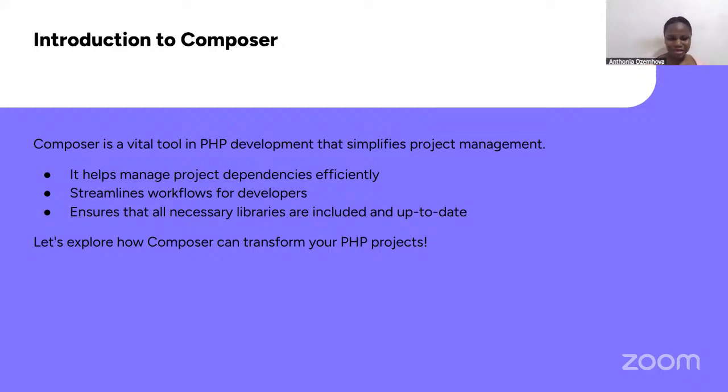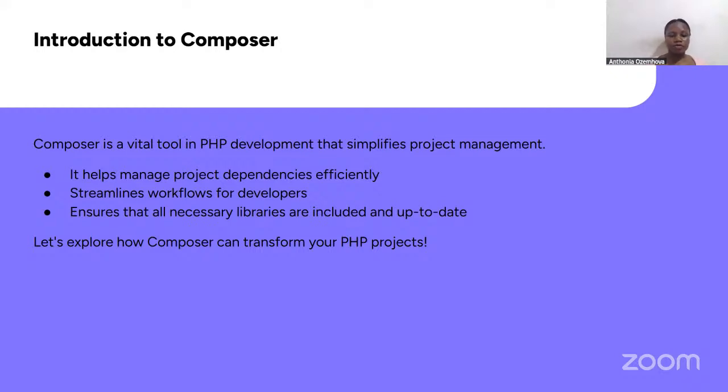So what are libraries? Libraries are basically collections of pre-written code that comes with your application. They are collections of pre-written code, functions, classes that a developer can use to perform common tasks without having to write the code from scratch.